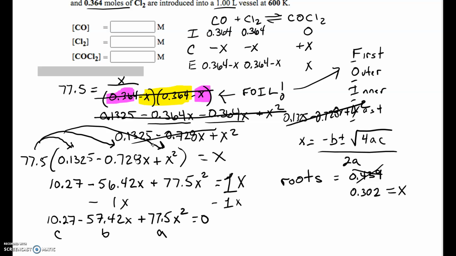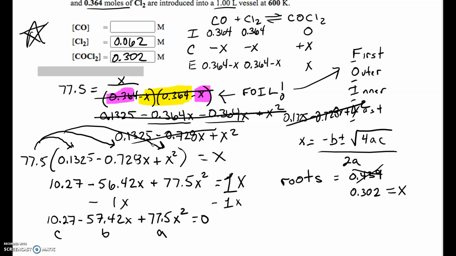So we're looking for these equilibrium concentrations. Up here, my COCl2 is just x. This is the equilibrium line from the ICE table. So x is 0.302. My Cl2 is 0.364 minus 0.302, and that's going to be 0.062.